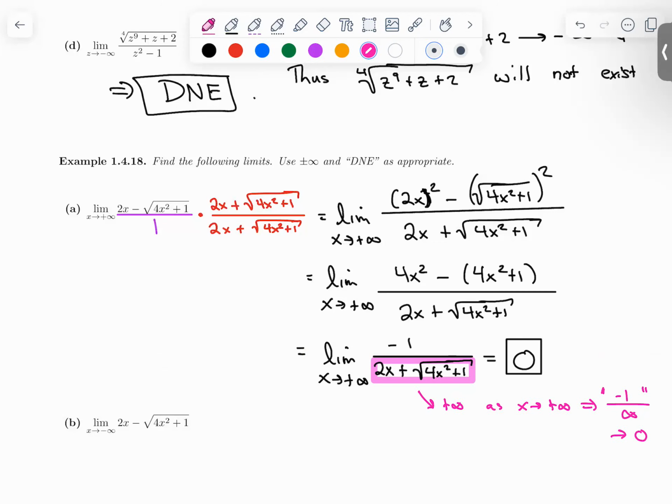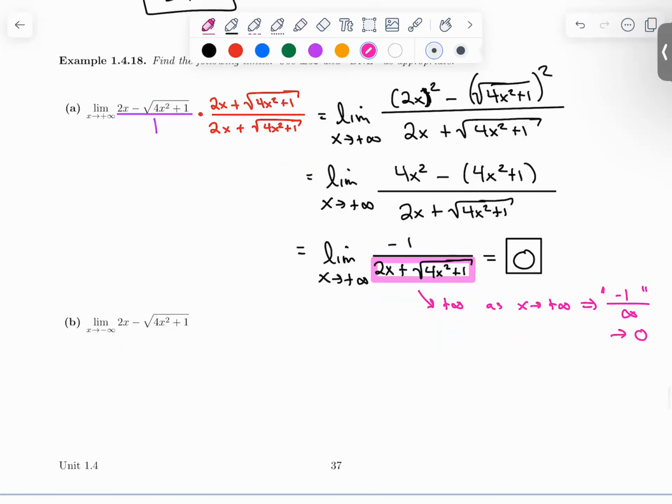Okay? In stark contrast, this one right here, the limit as x approaches negative infinity. As x approaches negative infinity, this will be quote unquote negative infinity minus infinity. But if you take negative infinity and subtract off an infinity, that's going to be negative infinity.